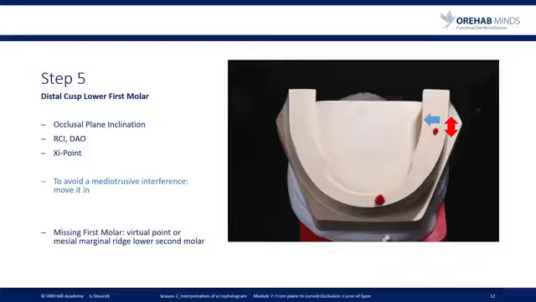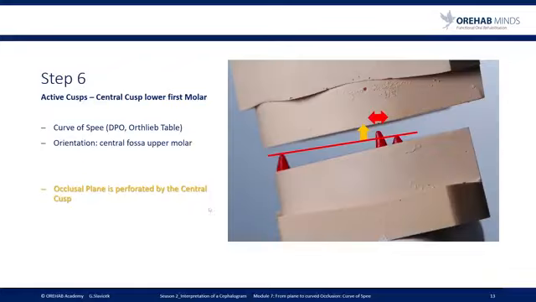The distal cusp of the lower first molar has to be in. It's not on the active cusp of the active arch. It has to be in to avoid a mediotrusive interference. Then we continue to create the active cusp. Here the central cusp of the lower first molar is waxed.